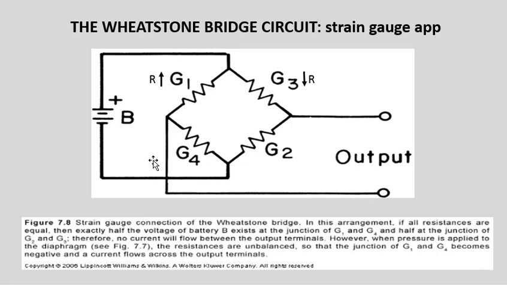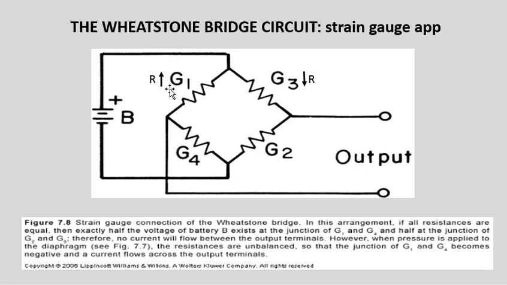Now, as the plunger moves with systole in that strain gauge, the resistance in G1 increases, while the resistance in G3, its partner on the right, decreases, meaning that exactly half the voltage of battery B occurs at this point and that point, because the current splits into exactly 2 halves.